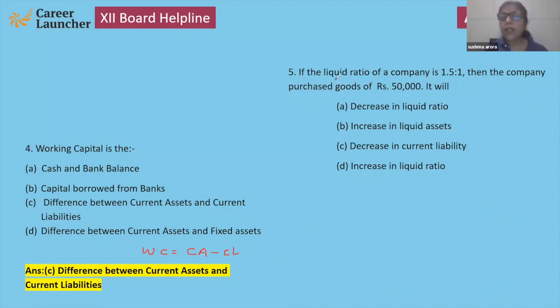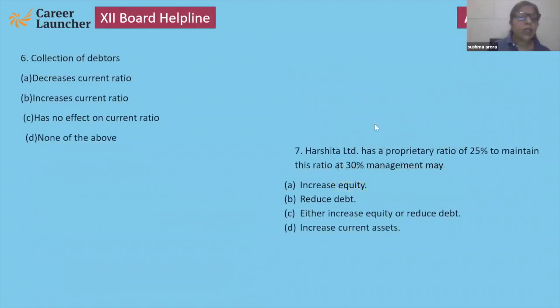Now they are asking you about liquid ratio, acid test ratio, quick ratio. All the three names are similar. So it will decrease the ratio because the company is purchasing goods. Okay, now see, collection of debtors.